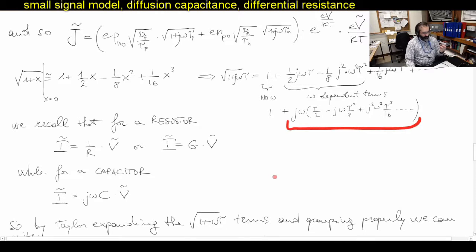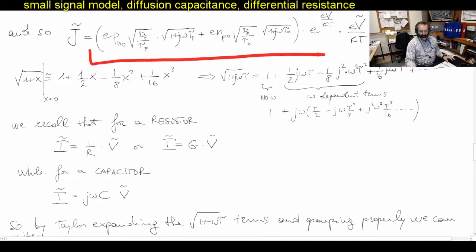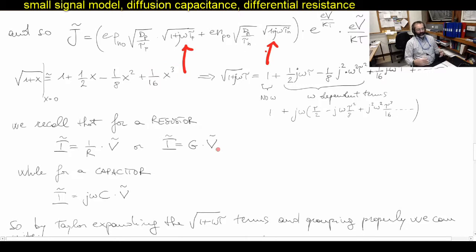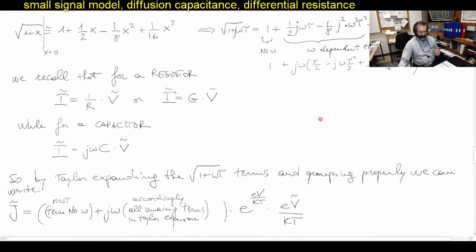So we realize that what we've done up here, by effectively expanding by Taylor these terms, is actually show that the relation between J tilde and V tilde relates to both a resistive component and a capacitive component.